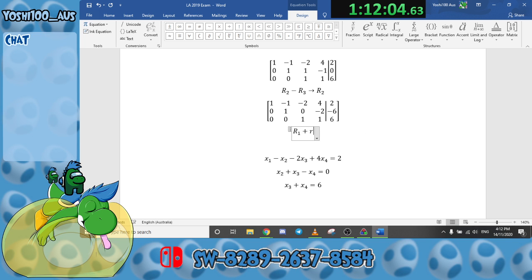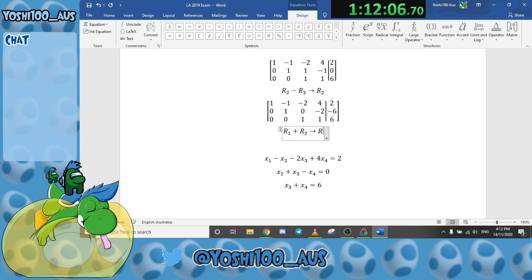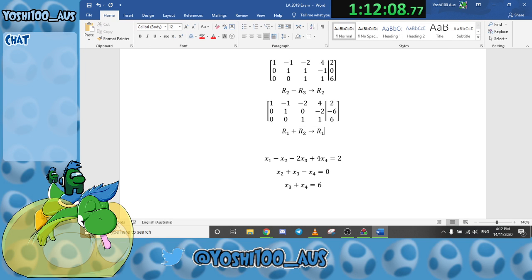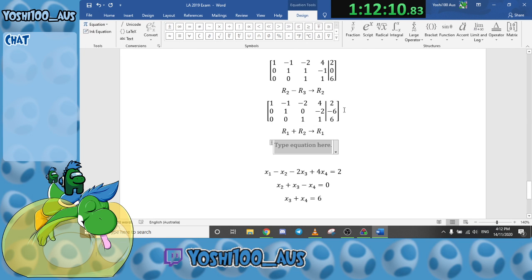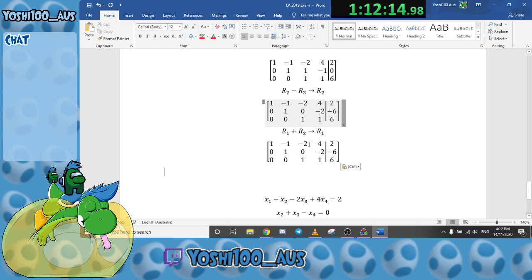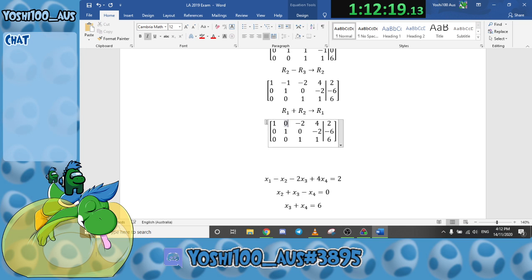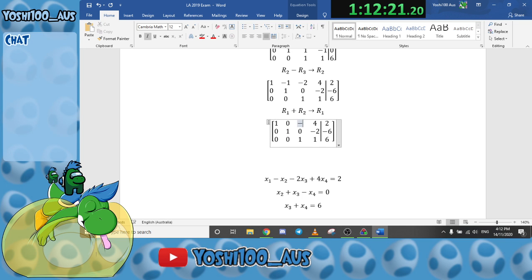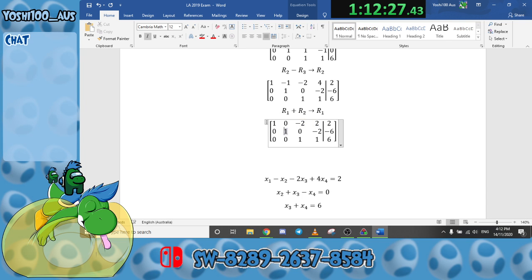R1 plus R2 becomes R1. Copy this one. Thank goodness for that. 0 minus 2. Oh, yeah, the same's the same. 4 take 2 is 2. 2 minus 6 is minus 4.